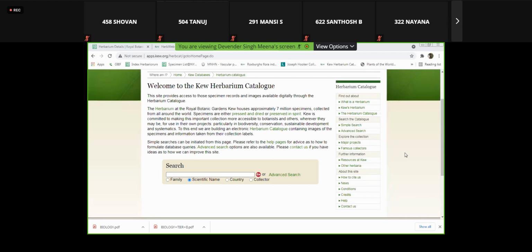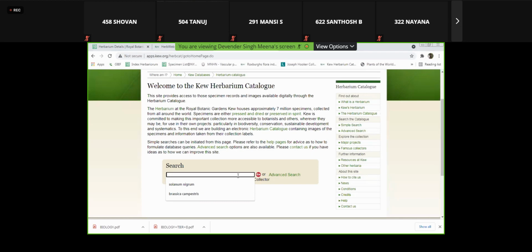So one can, if they wish, opt for these courses as well. Every year they organize lots of programs about biodiversity, conservation, plant identification, and not only plants but also fungi and other things as well. Okay, this is the thing.